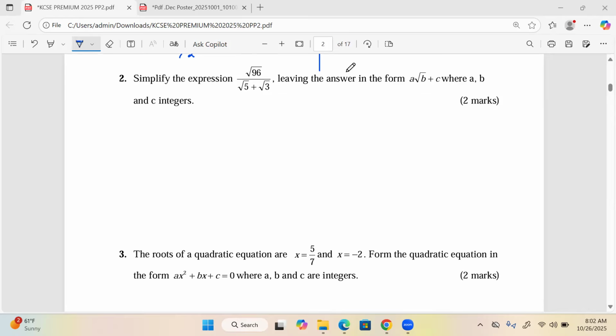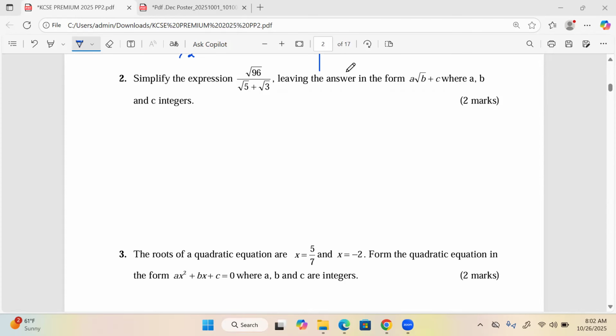All right. When you look at the surd on the numerator, it's not fully simplified because with 96, there is even 16 and 6. So we can actually rationalize this particular surd even when the numerator is not simplified.